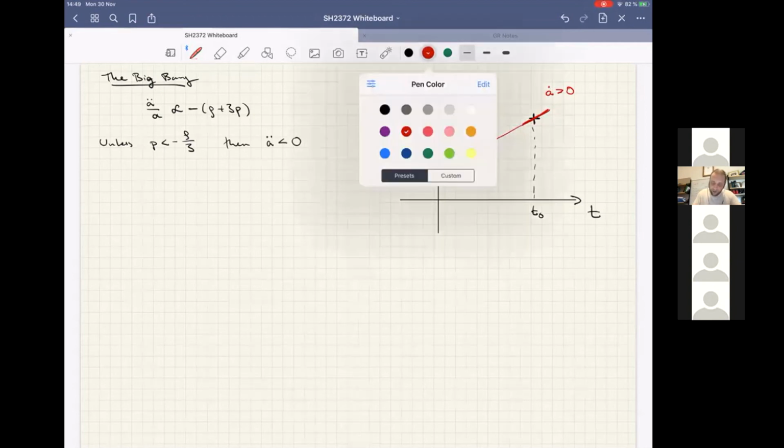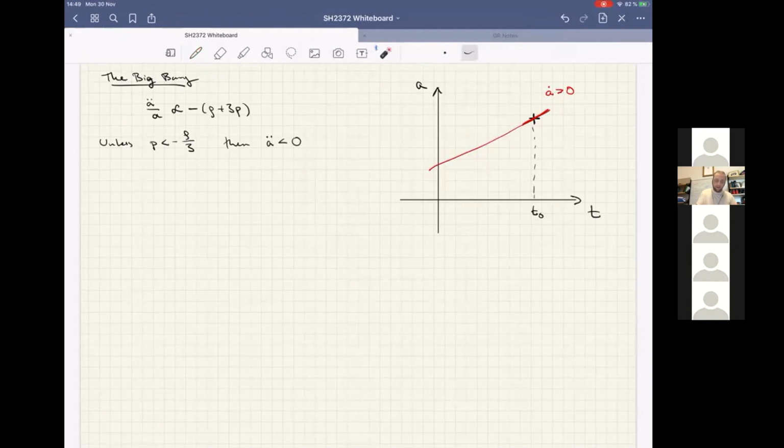However, I know that A double dot is smaller than 0. And that means that at an earlier time, A dot must have been larger, which means that we get something like this.